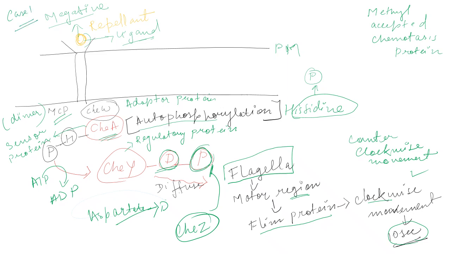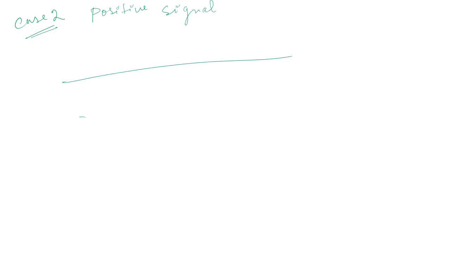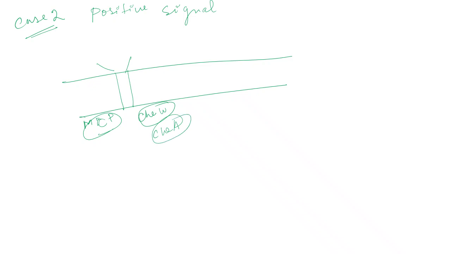Now coming to the positive signal, in case 2. In case of a positive signal, it's the same. You have the same receptor, MCP over here, and then the same CHEW and CHEA.